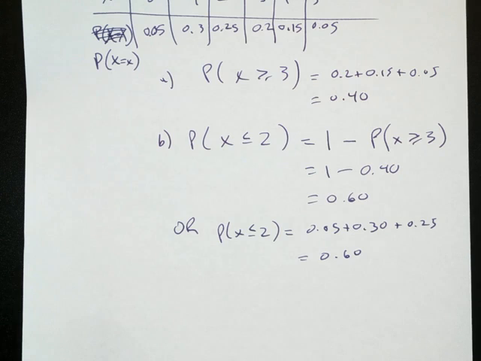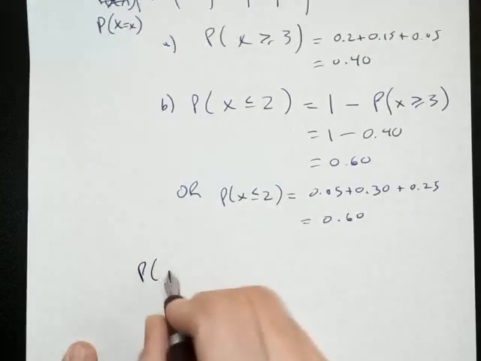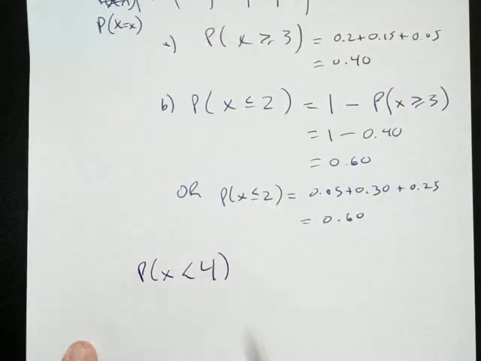So if I'm looking at the difference between less than 4, less than or equal to 3, those are the same, aren't they? Because there's nothing under 4 between 3 and 4.